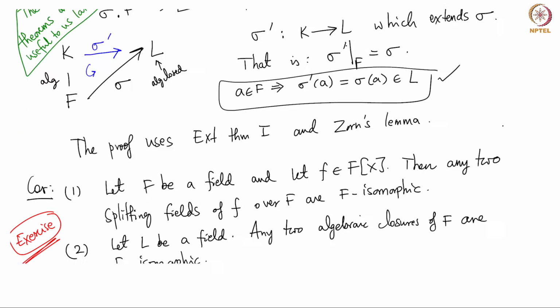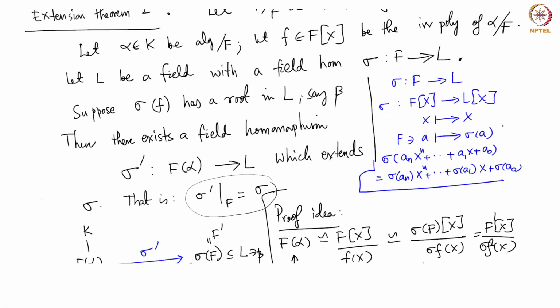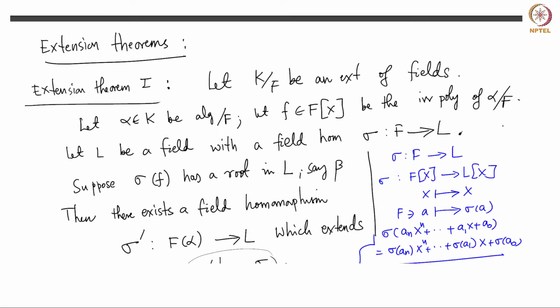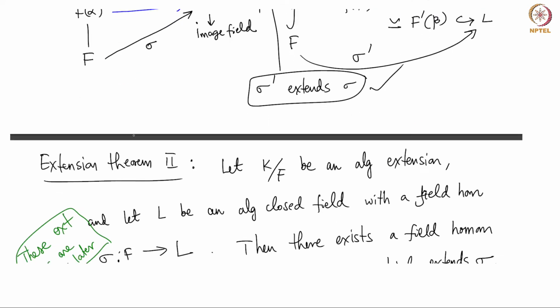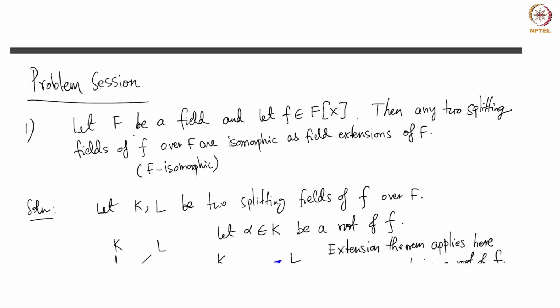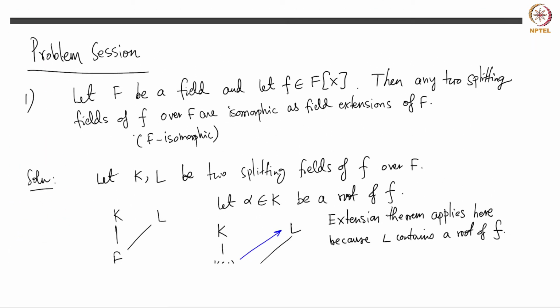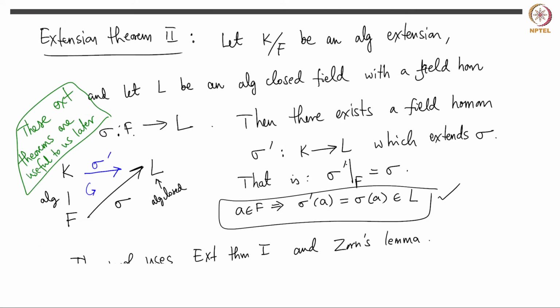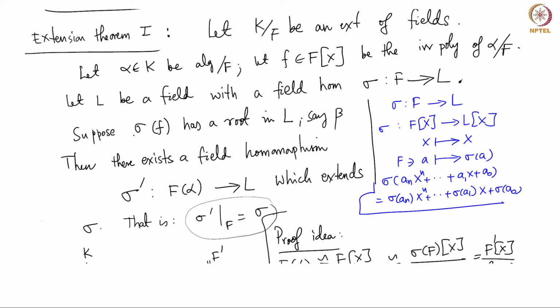If you go back to the first extension theorem, you have some arbitrary field extension, an algebraic element in the bigger field, you have an irreducible polynomial. Okay, so the given polynomial in our problem may not be irreducible, but we can take the irreducible polynomial of alpha, which will be a root of f. Okay, so those are details that you can fill in.